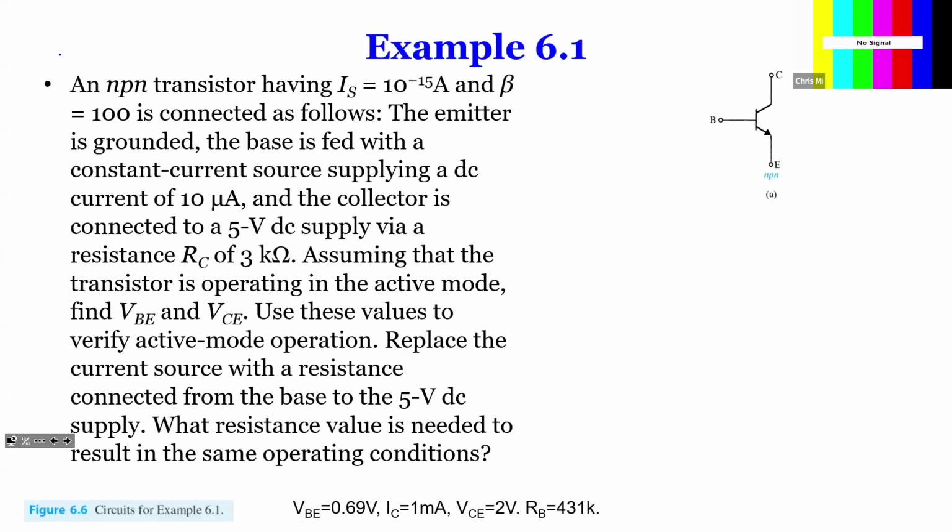We have the BJT now. You have a resistor connected to 5 volts, and this is a 3K. This one is grounded, and the base has a current source of 10 microamps.